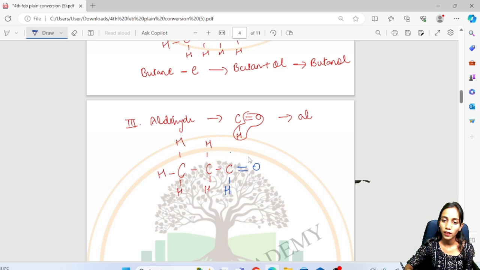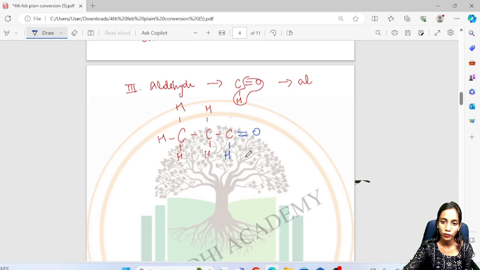Now once you see that this is the functional group, you have to do it the same way. Write the parent name, the base name, first. Looking at the base name, there is no double bond between the carbons. There is a double bond between carbon and oxygen, but no double bond between the carbons. And it is 3, so the name is propane.